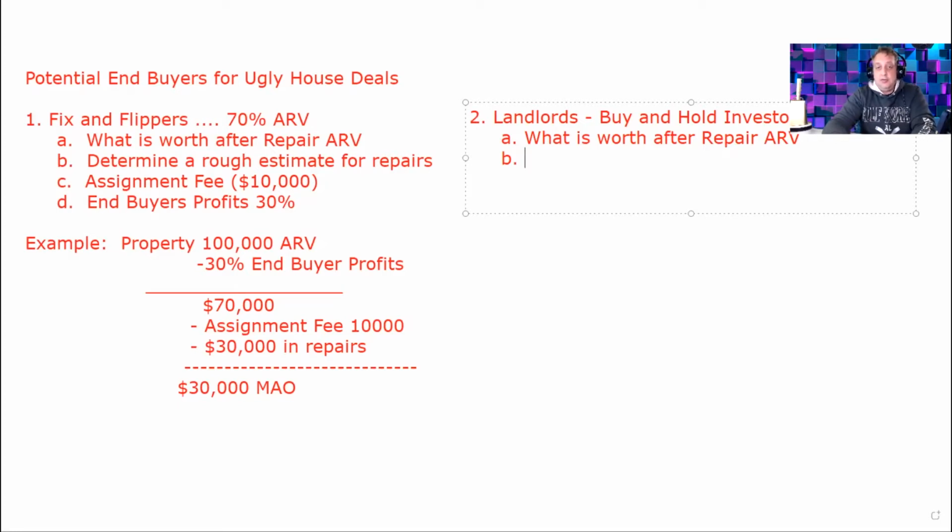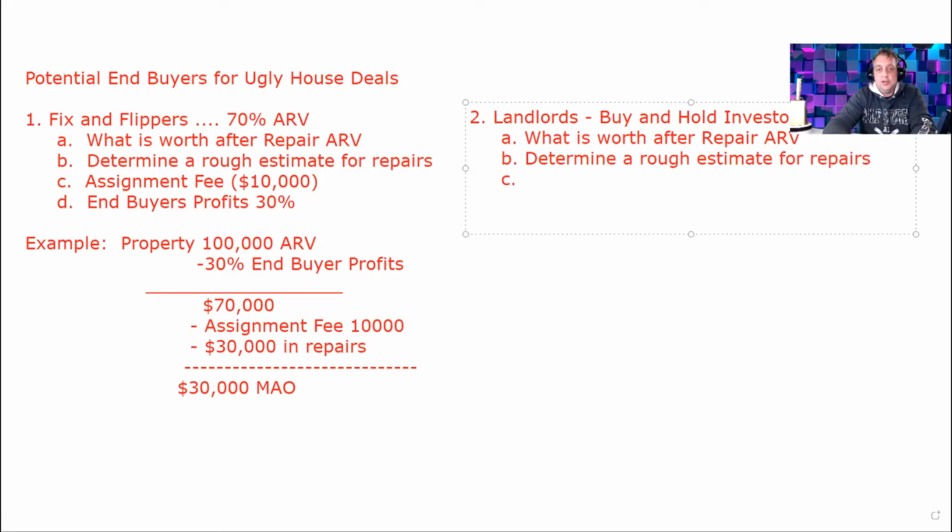Whereas in our example here, the repairs for the fix and flipper were $30,000. Over here for our landlord, we may see him only spend $20,000. So let's determine a rough estimate for repairs for a landlord type rehab.